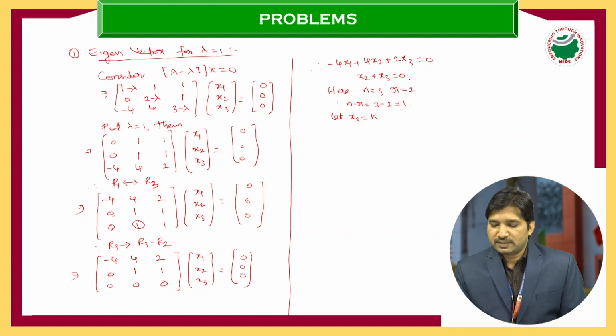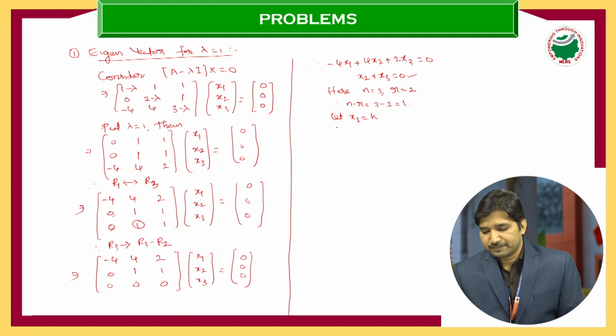Substitute x3 in the equation: x2 plus k equal to 0, that is x2 equal to minus k.